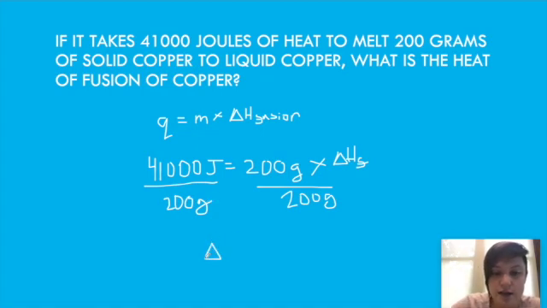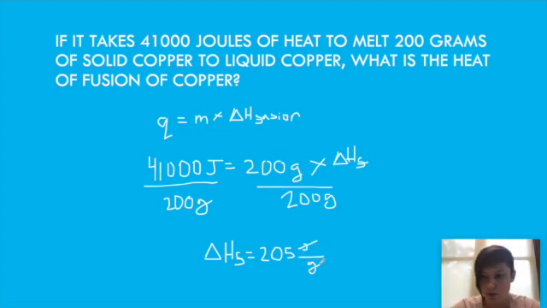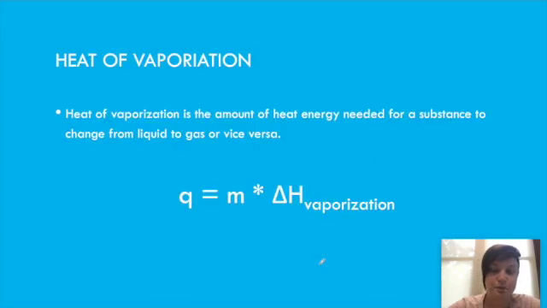So our delta H of fusion for copper is equal to 205 joules per gram. So there were two different things we were looking for. In our first problem, we were looking for the amount of joules needed to melt ice into liquid water, and in this case, we're looking for the delta heat of fusion of copper.